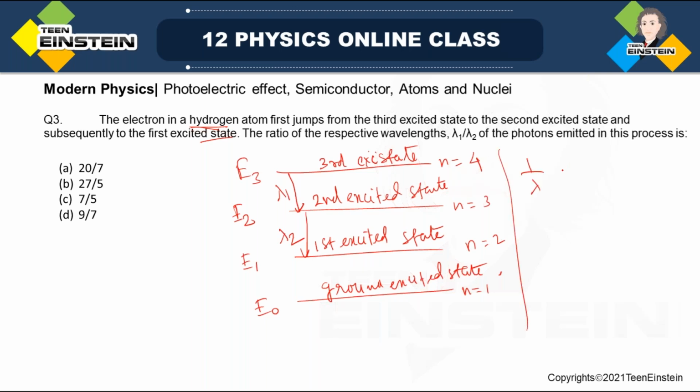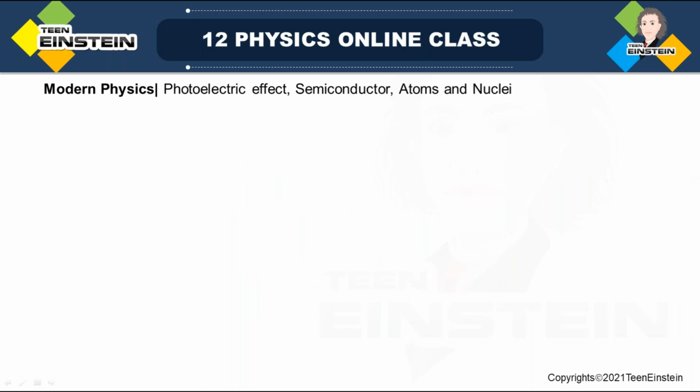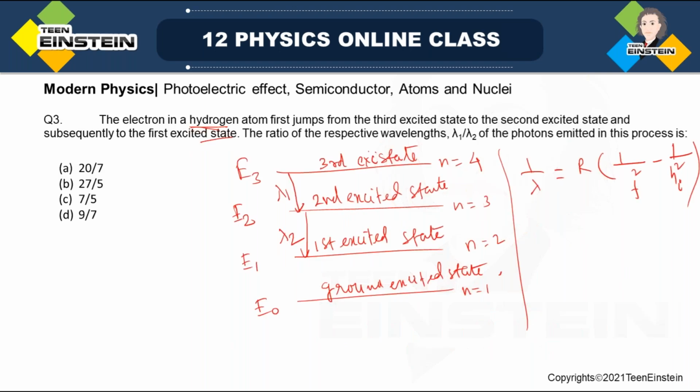So we know that 1 by lambda is equal to R into (1/n_final² minus 1/n_initial²). R is the Rydberg constant. Now if I put the values for this particular wavelength, 1 by lambda 1, R is constant.